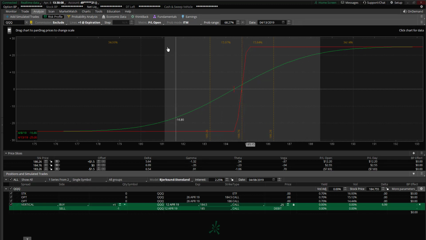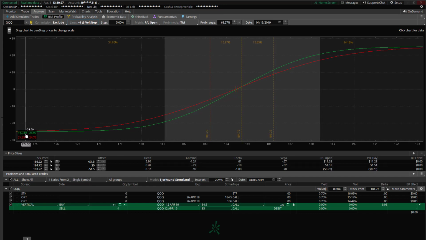While I have this trade built, I'll go up here to the lines +1 at expiration, and I want to apply volatility to this. So now you can see if I apply volatility, our volatility right now is 16.93. That's our current volatility.